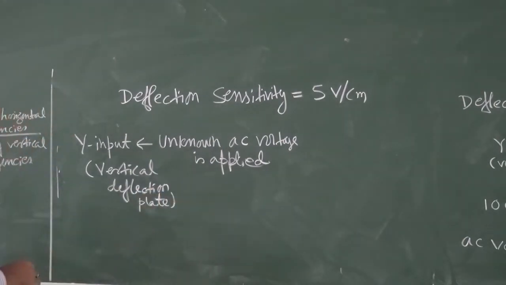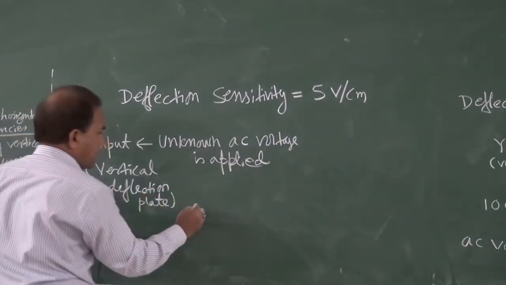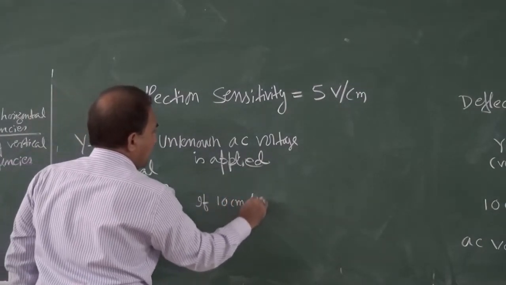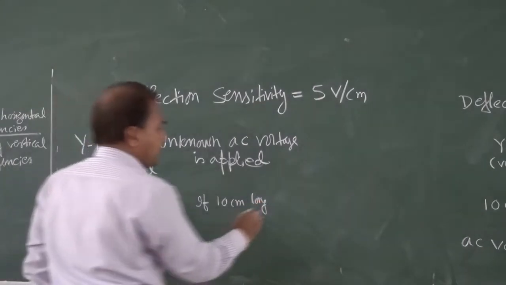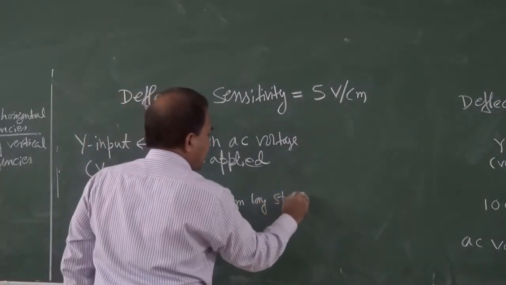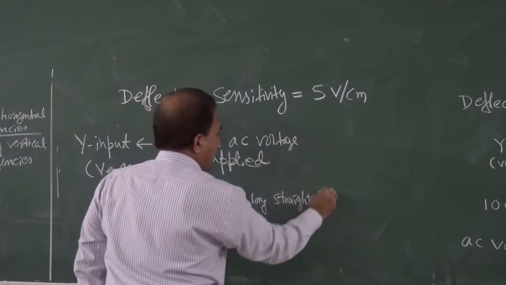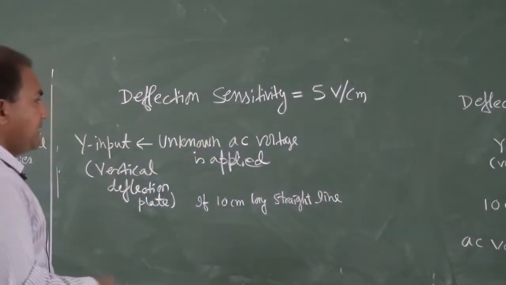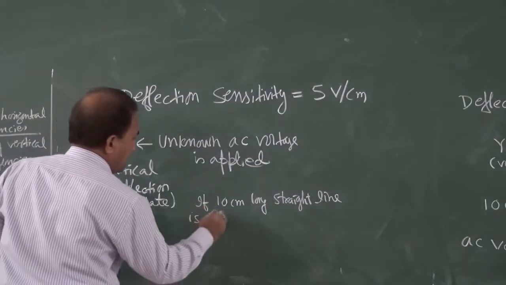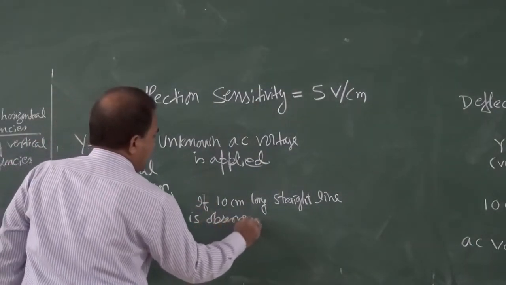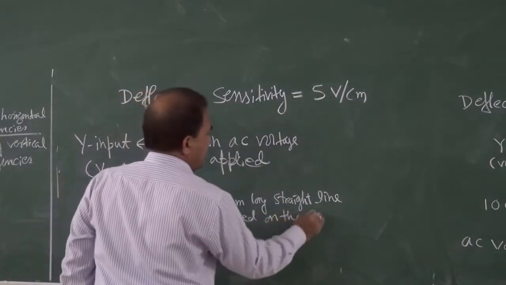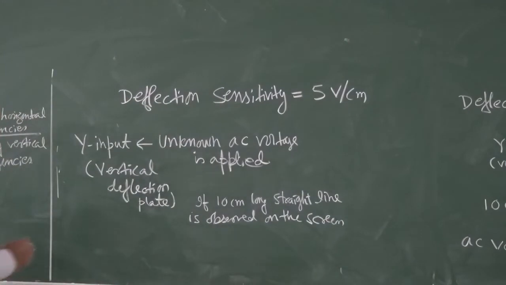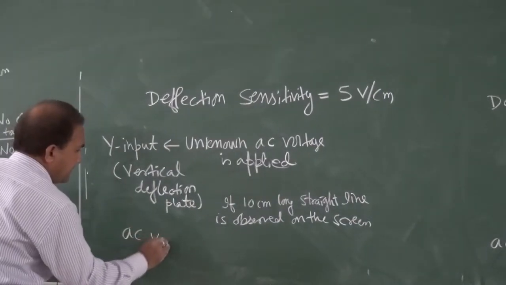Now if a 10 centimeter long straight line is observed on the screen, then how can we determine the AC voltage?